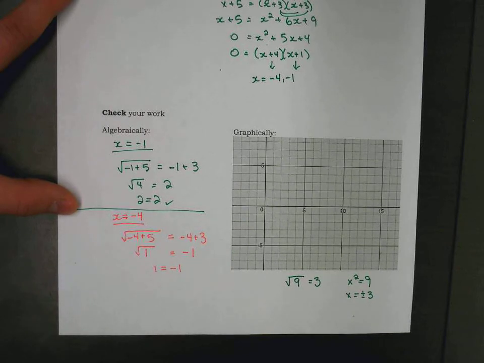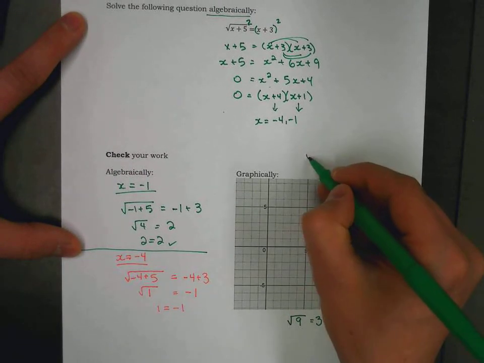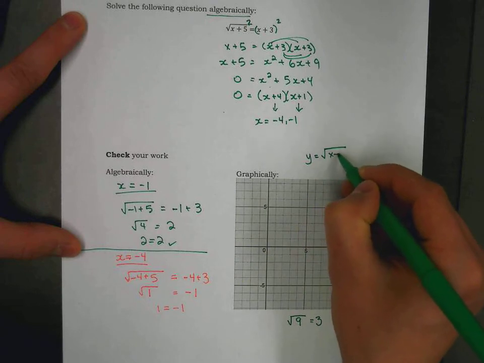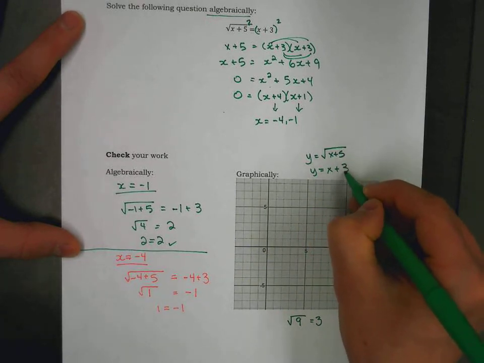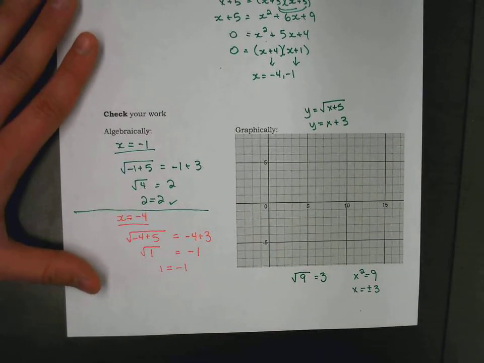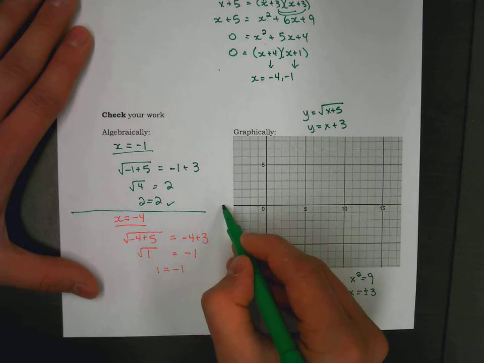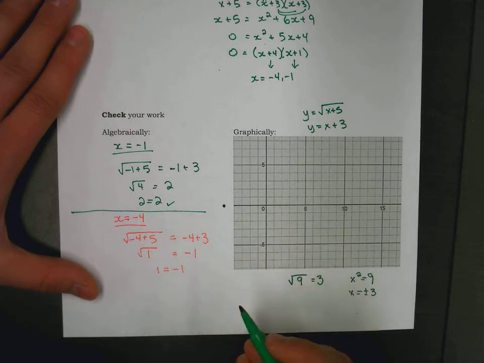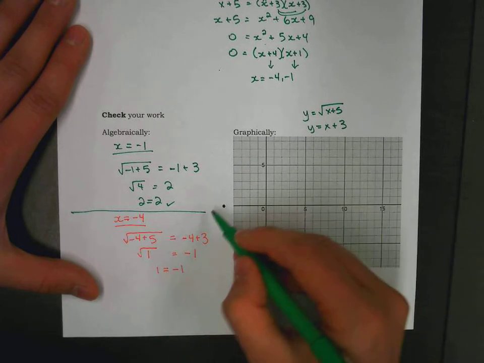Graphically, this gives us a little bit more confidence that we're doing a correct result. So let's sketch again both of these functions, the square root of x plus 5, and ask, when does this equal x plus 3? Now my grid is a little bit off, but we do have to travel 1, 2, 3, 4, 5 to the left and draw our square root function. We'll do this accurately this time.